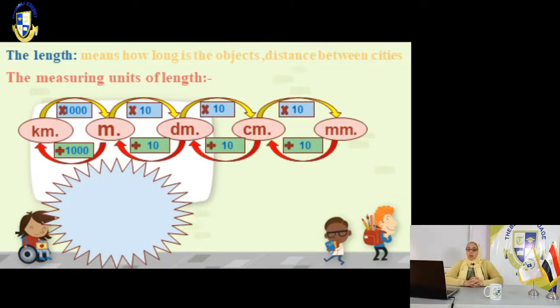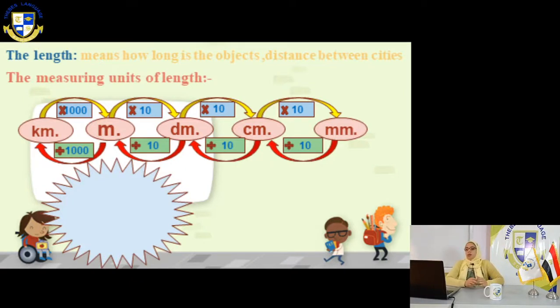The kilometer is the greatest unit for measuring length. If we want to measure the length of a playground or classroom, or the height of a man or a building, we use meter.